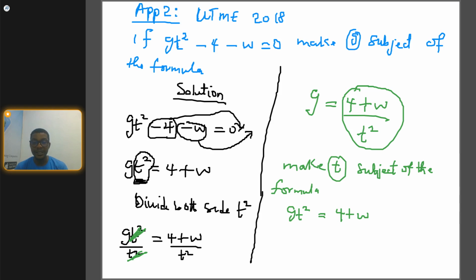I want to make letter T the subject of the formula. That means the first thing I have to do is to take away Mr. G. Is that correct? Yes, of course. So we are going to divide both sides by G. Permit me to clean this side so we can proceed.